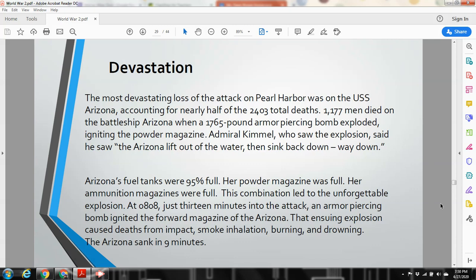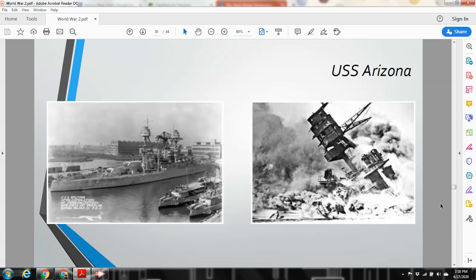At 0808, which is 8 o'clock in the morning, just 13 minutes into the attack, an armor-piercing bomb ignited in the forward magazine of the Arizona. That ensuing explosion caused death from the impact, smoke inhalation, burning, and drowning. It only took 9 minutes for the USS Arizona to sink.